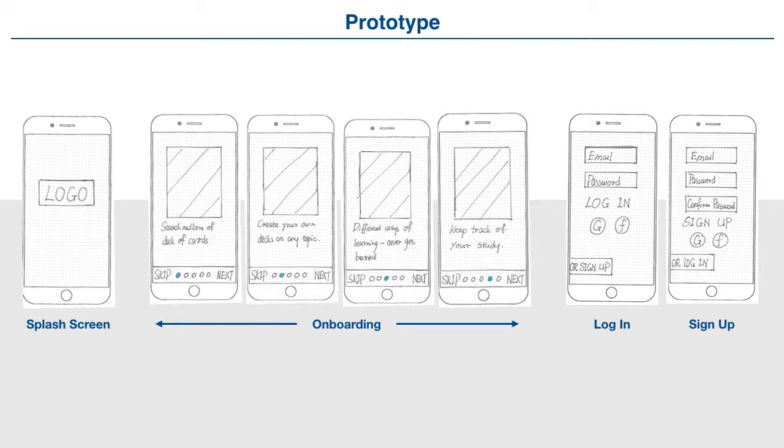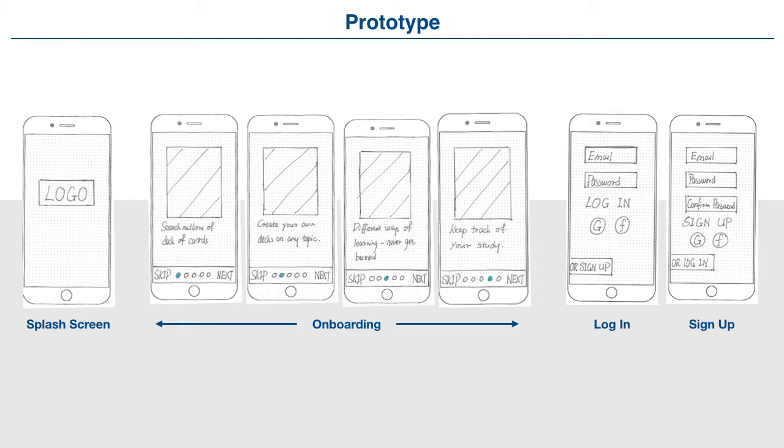You can simply swipe through this, or if it's not your first time using the app or you just want to explore it later yourself, you can click the skip button on the left bottom corner. Either way, you come to the login page, and if you don't have an account, you can switch to the sign up page.